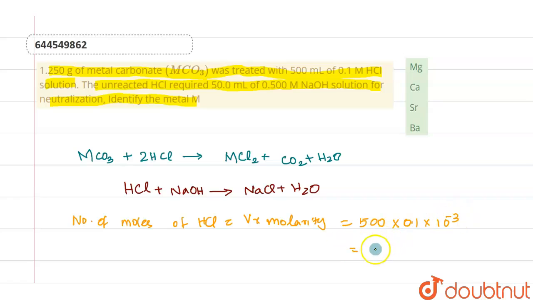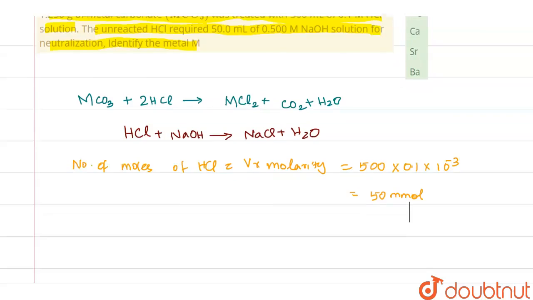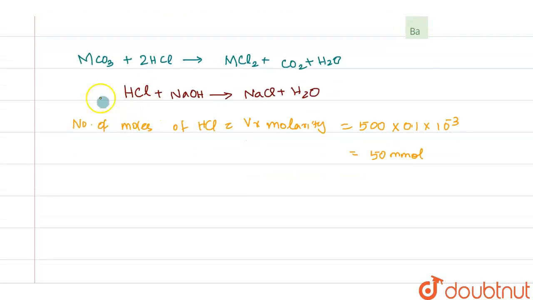We get the answer as 50 millimole, or 50 into 10 to the power minus 3 mole. This is the number of moles of HCl.